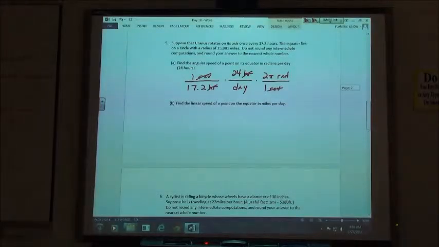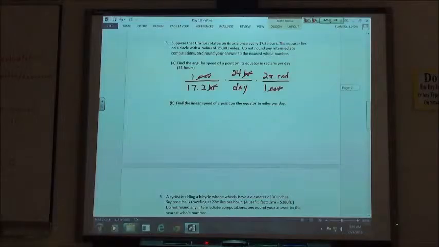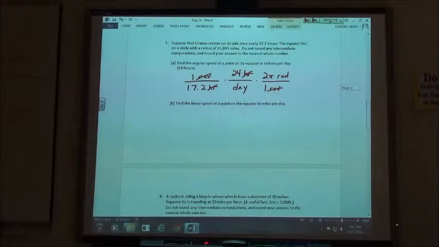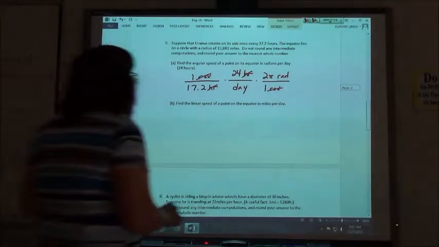So we end up taking 24 times 2 pi. I'm going to go ahead and hit equals for the top number, and then I'm going to divide it by the 17.2, which is on the bottom. And so I end up getting 8.76.